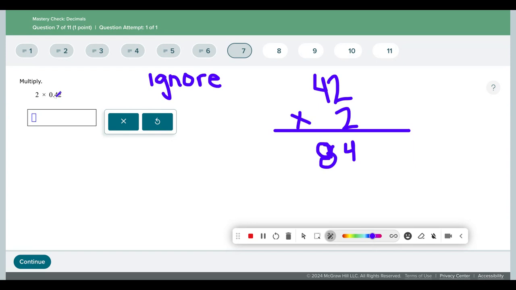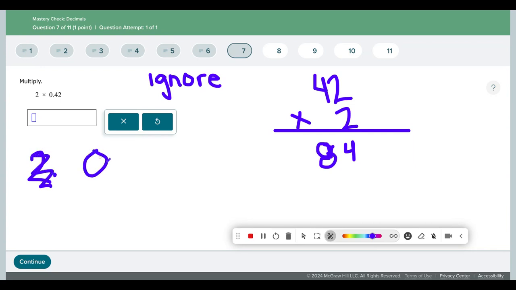Now the next part is just looking at the problem in general and saying, how many digits do you have on the decimal place value side? Okay. So if you look at the whole number 2, remember there is a decimal point sitting there. It's just invisible, right? Do I have any digits to the right of it? No, I do not. So that doesn't have any.